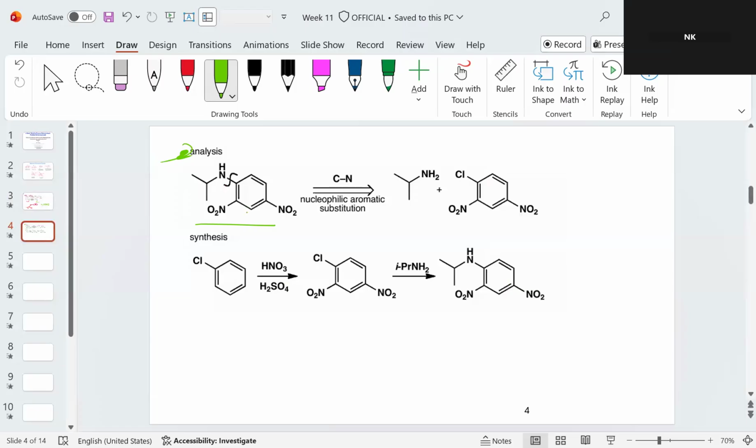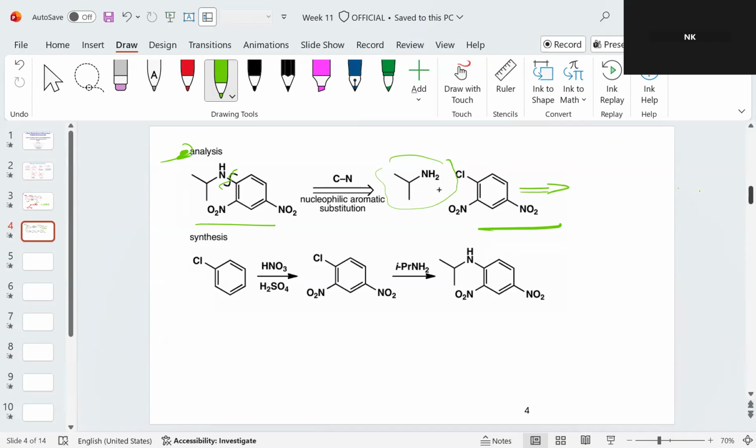How can we synthesize this compound? Basically, the approach we have used here is disconnection, and in this disconnection particularly, we did a C-N bond cleavage. So we get two starting materials: one is the amine and one is the aromatic chloride. This aryl chloride is our starting material, and from this aryl chloride we can further do the retrosynthesis.